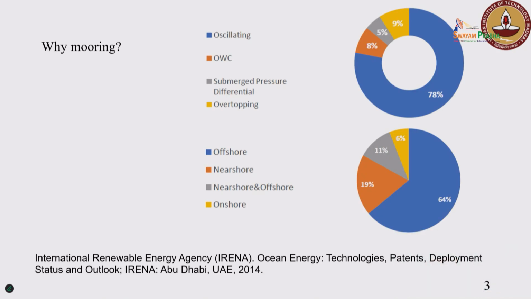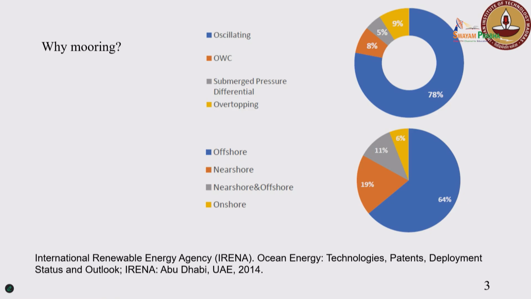Before we get into why mooring is required, in the last couple of classes, as we saw, we have been talking about a lot of wave energy converters. Depending on the types, you can see that the oscillating type accounts for 78% worldwide, correct, and then OWC, which is a nearshore one, and submerged pressure differential and overtopping devices. So it is very evident that the oscillating type is much preferred, and presently on the worldwide sense it is 78%, right.